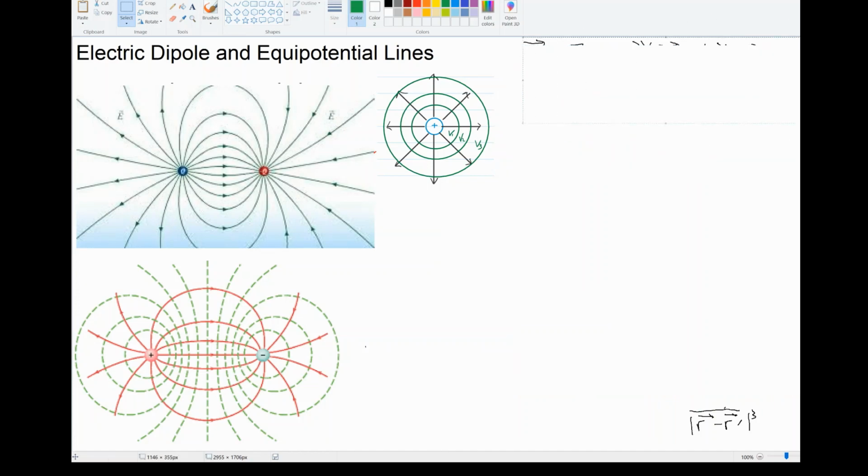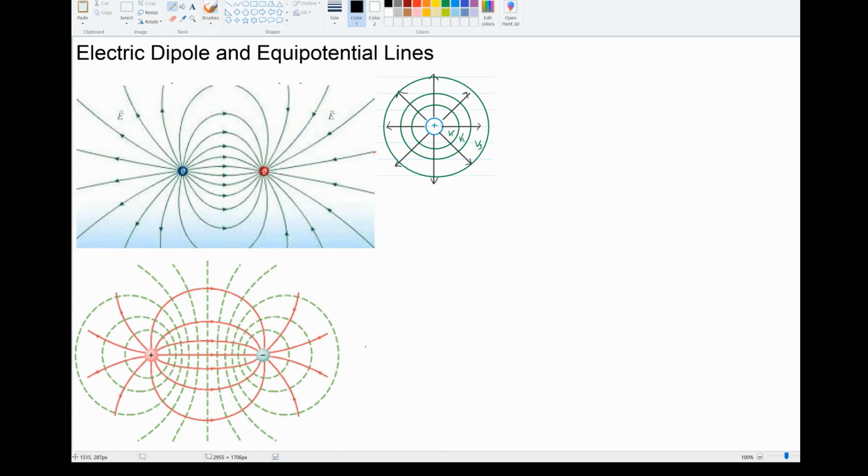Electric flux lines are imaginary paths whose directions are in the direction of the electric field, or the electric flux density, since they're parallel with one another. So in this top right figure, I've got an electric monopole, which is just one charge, and it's positive in this example.